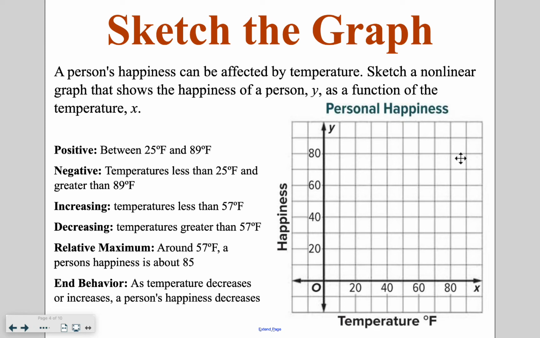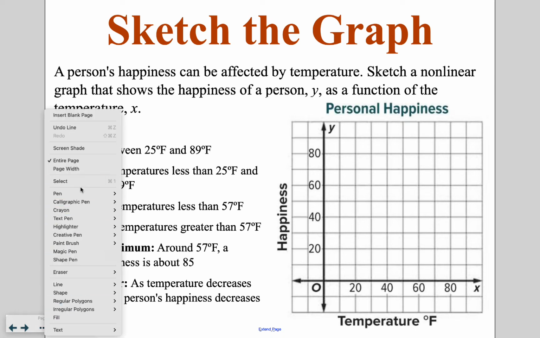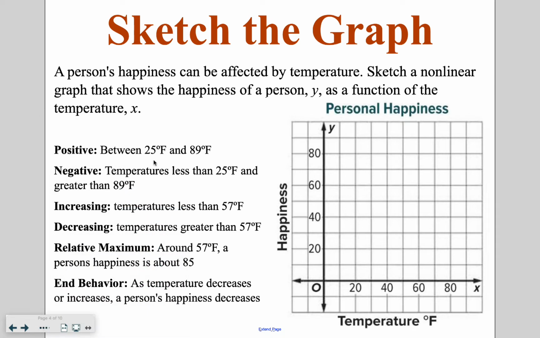So the first thing it tells us in this case is that it is positive between 25 and 89 degrees. So that means we want it to be above the x-axis for that temperature range.